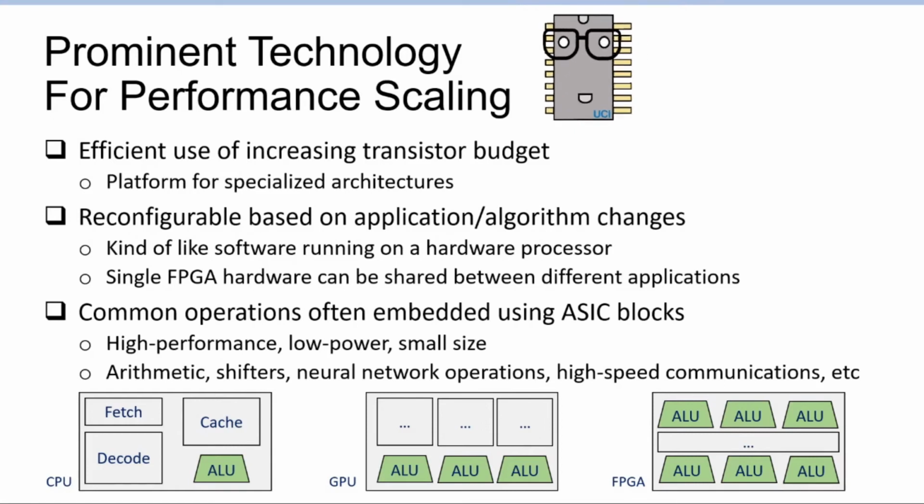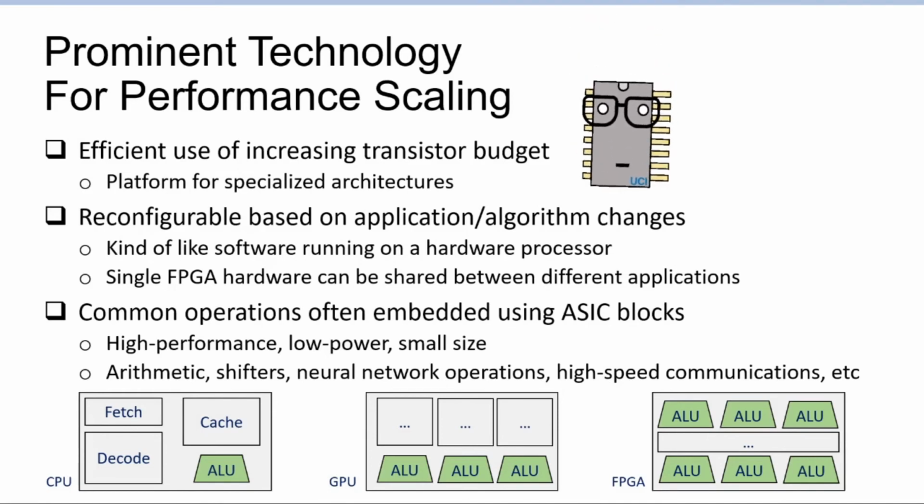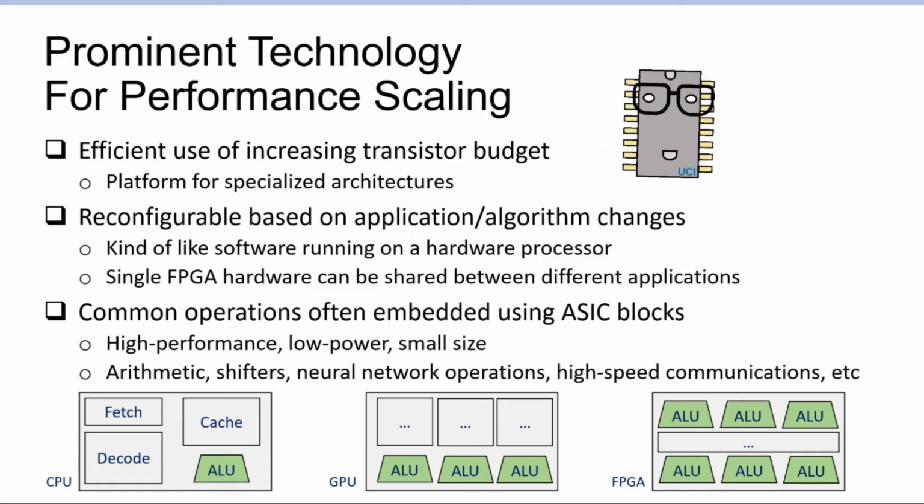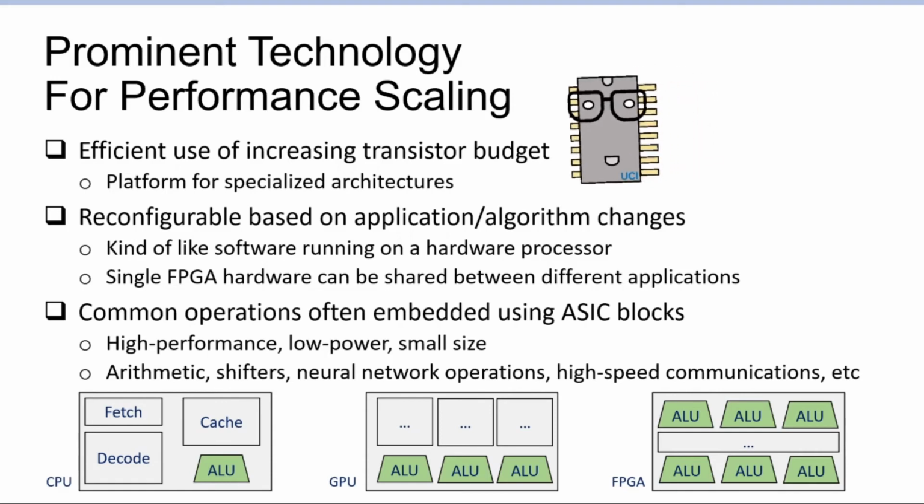If Moore's law ends, FPGAs will also hit a wall, but a little bit of time after the general purpose units hit a wall. So this is one of the most prominent technologies for continued performance scaling once Moore's law ends, once general purpose computation performance scaling ends.